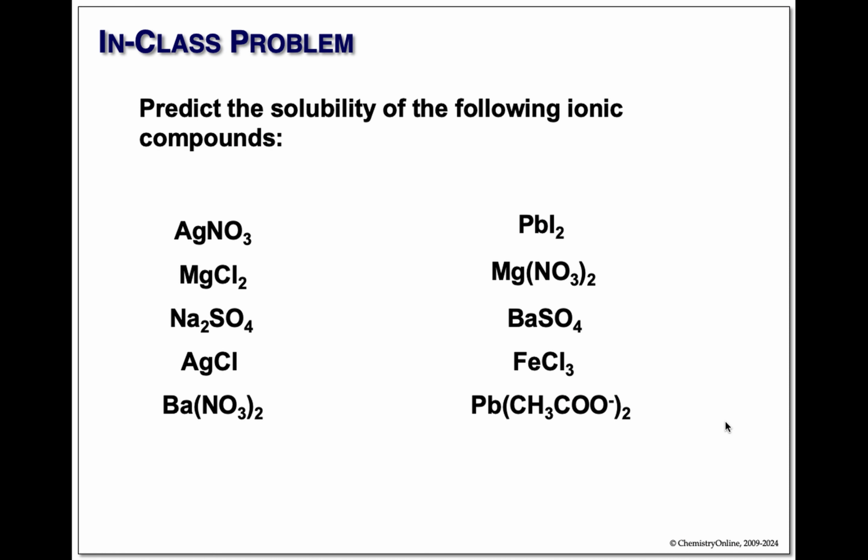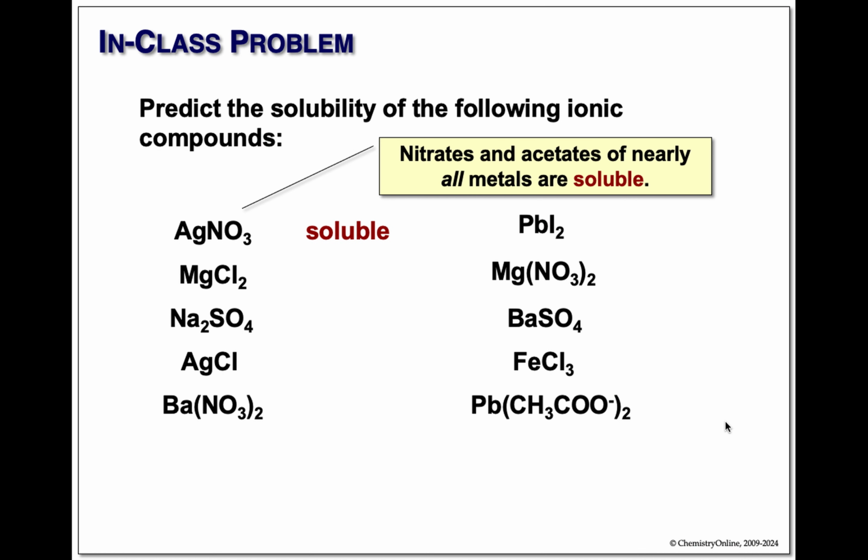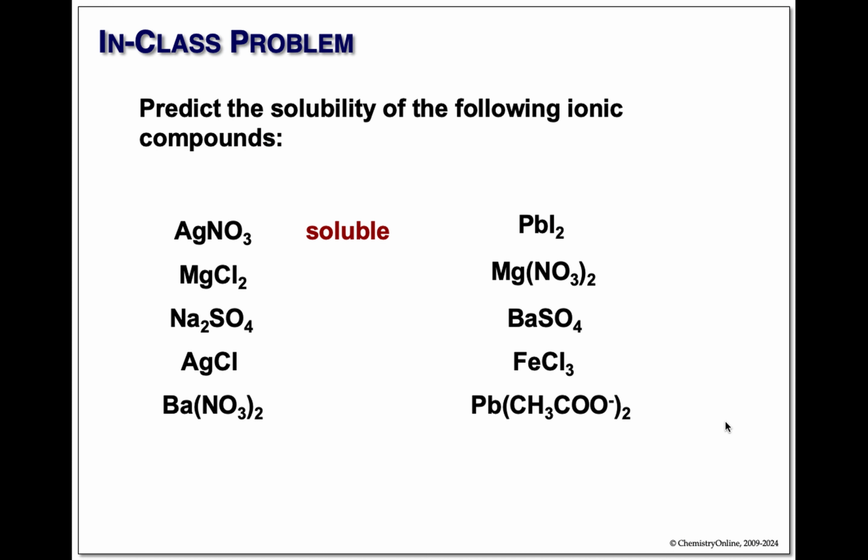Silver nitrate. We remember silver is a bad guy, but that's what chlorine is. Silver chloride. But this is a nitrate. Anything that's a nitrate is soluble. Magnesium chloride. The rule says that most metal halides are soluble, except for a few that aren't.